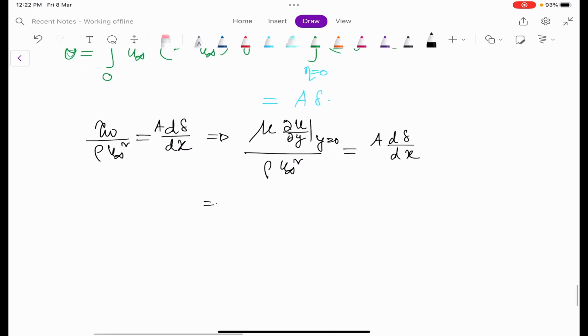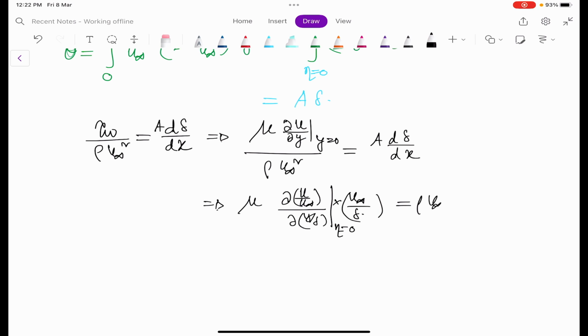Now you can convert it into del of u by u infinity by del of y by delta into u infinity by delta, at eta equal to 0.